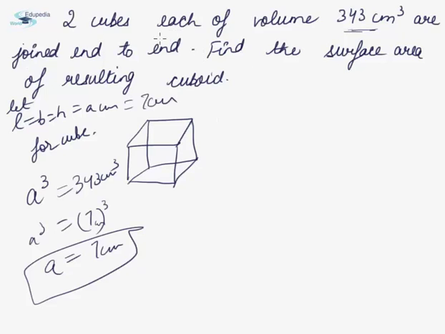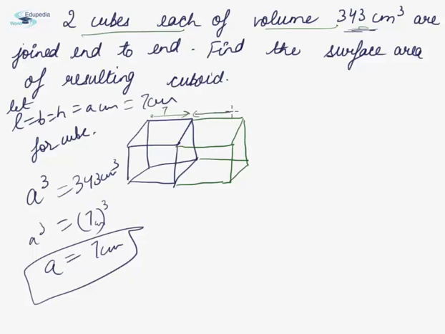Now let us again read the statement. It says two cubes, each of this volume, are joined end to end. So we have another cube joined end to end with this cube, and in this way we must find the surface area of the resulting cuboid. Now friends, this length is 7.